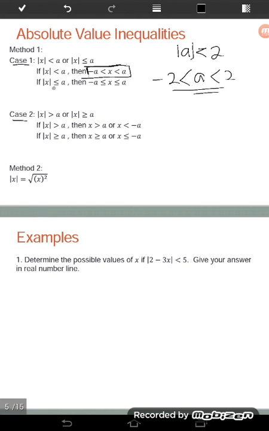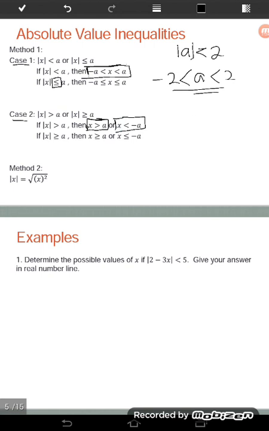So same goes for the less than or equal to. Sama je. So for case 2, dia lagi besar, more than or more than and equal to. So for more than dia lagi besar, so jawapan dia lagi banyak lah. So the answer have 2. So x greater than a or x less than negative a.